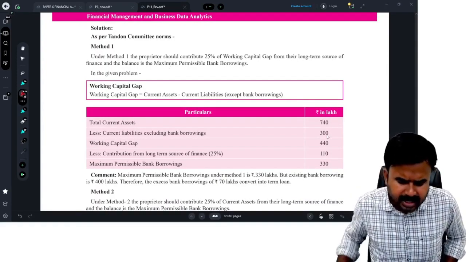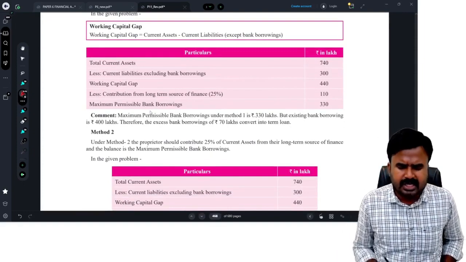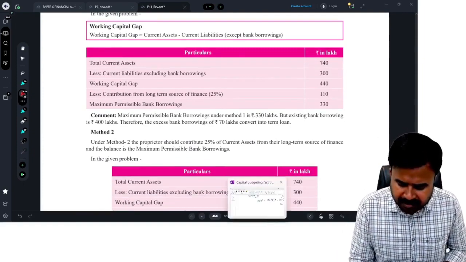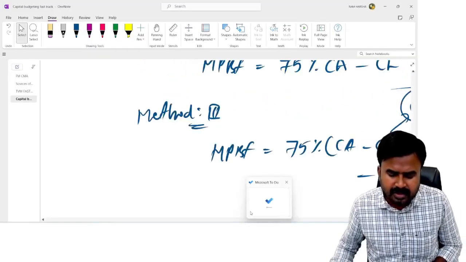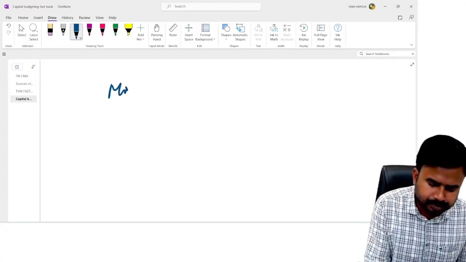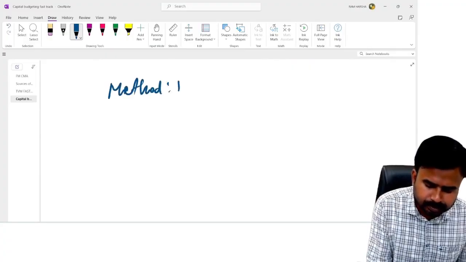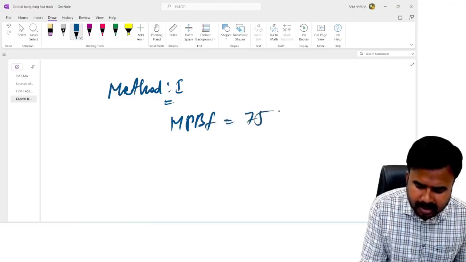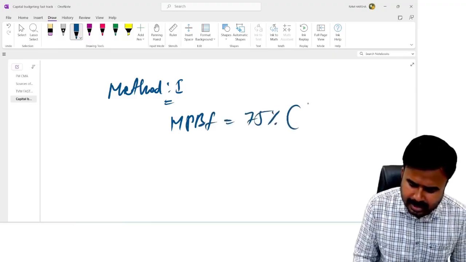See, they have given some computation which is somewhat confusing actually. You better follow my calculation. The first method is what? 75% of current assets minus current liabilities. So method 1, MPBF is equal to 75% of current assets total.